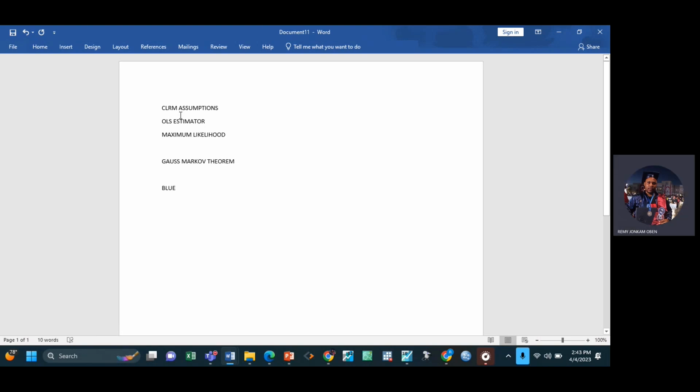There are 11 assumptions, 10 plus 1, whatever. Some of these assumptions are related to the regressors, especially multicollinearity. Some of them are related to the residuals, and those are very important, especially heteroscedasticity and autocorrelation.